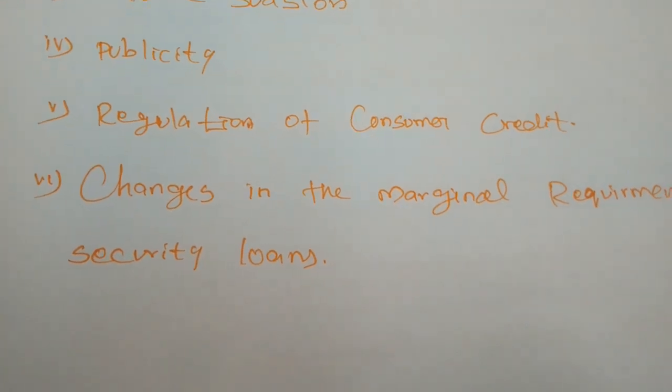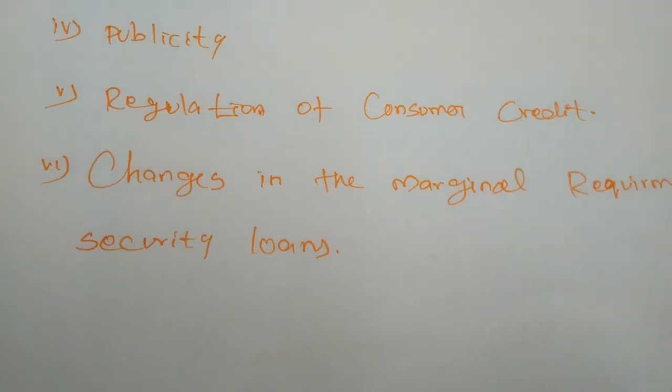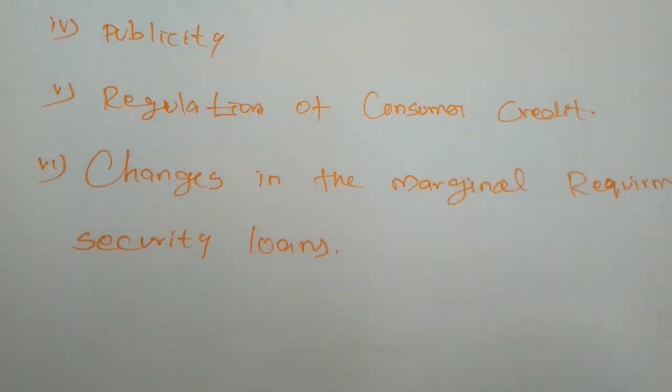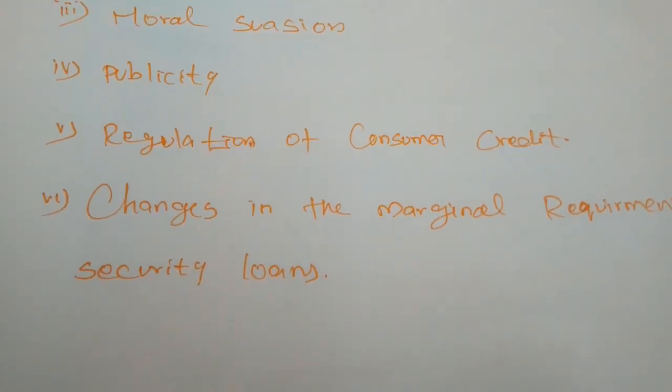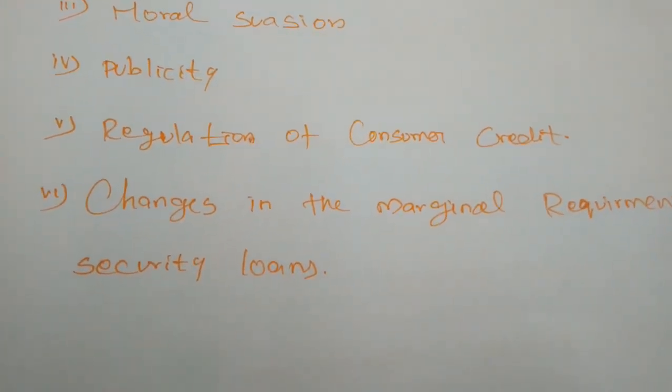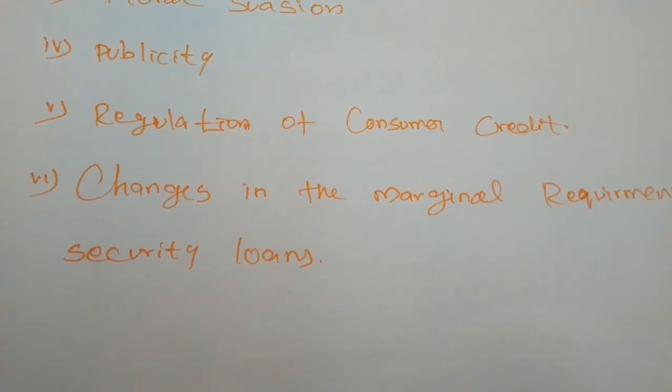A policy will be effectively successful only when an effective public opinion is created in its favor. So normally the Reserve Bank of India will publish or notify all the credit control policies directly to the public.